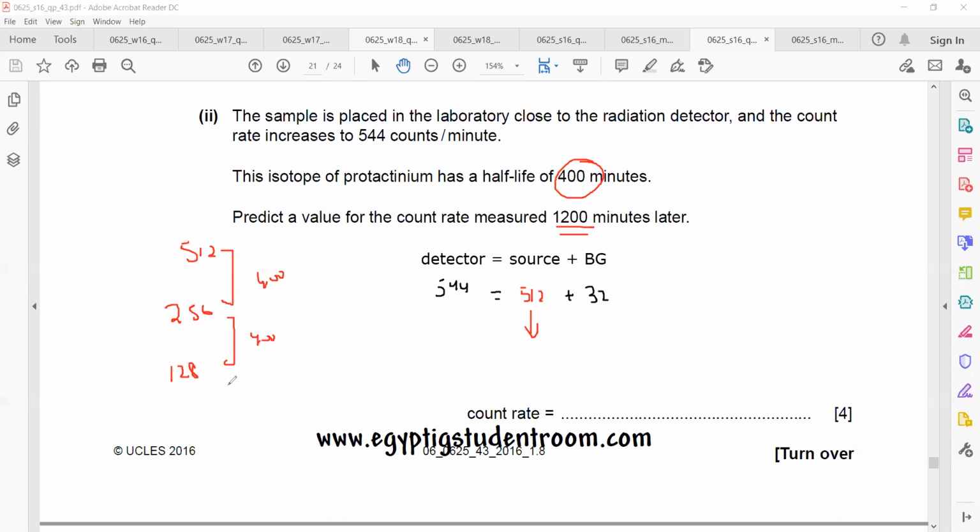After a further 400 minutes, 64. So after a total interval of 1200 minutes, you get 64 radiations from the source, but the detector is recording both source and surrounding radiation. So what will be the reading on the detector? 64 plus 32, that will be 96. Is it clear?